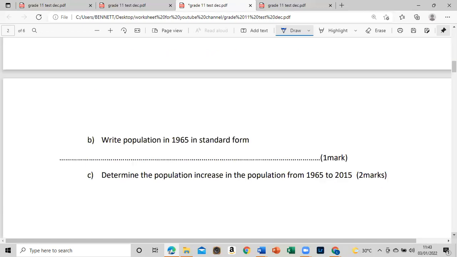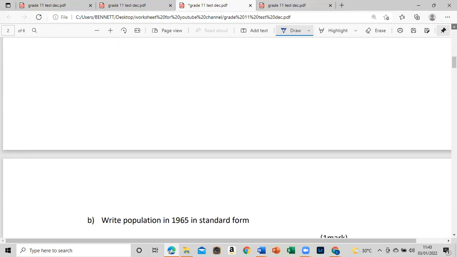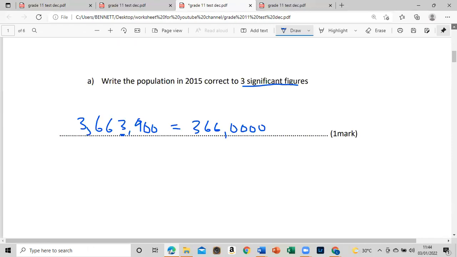Alright, write the population in 1965 in standard form. So I'm just going back to the figure. And that's 1965.